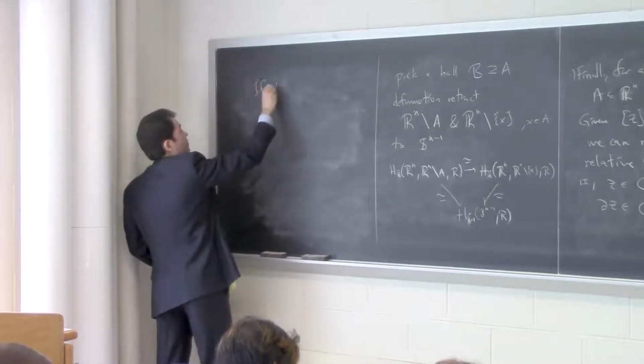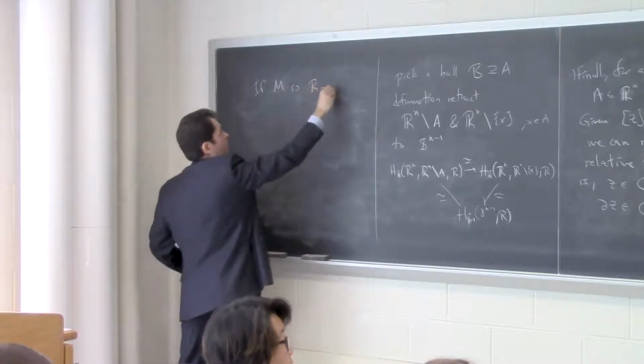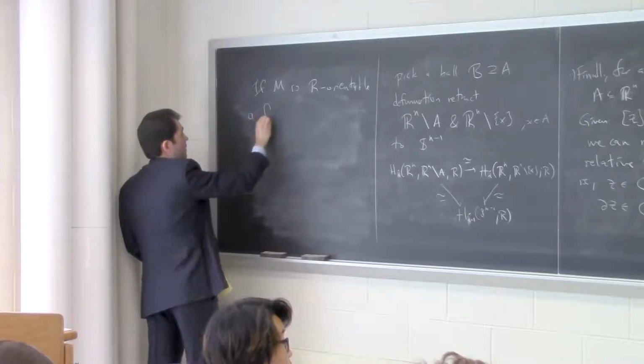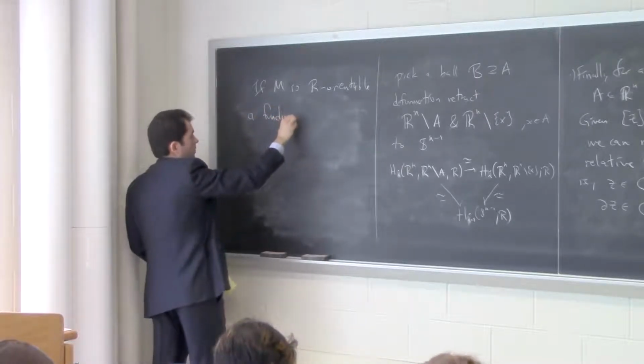So if M is R-orientable, we give such a thing a name. We call it a fundamental class.